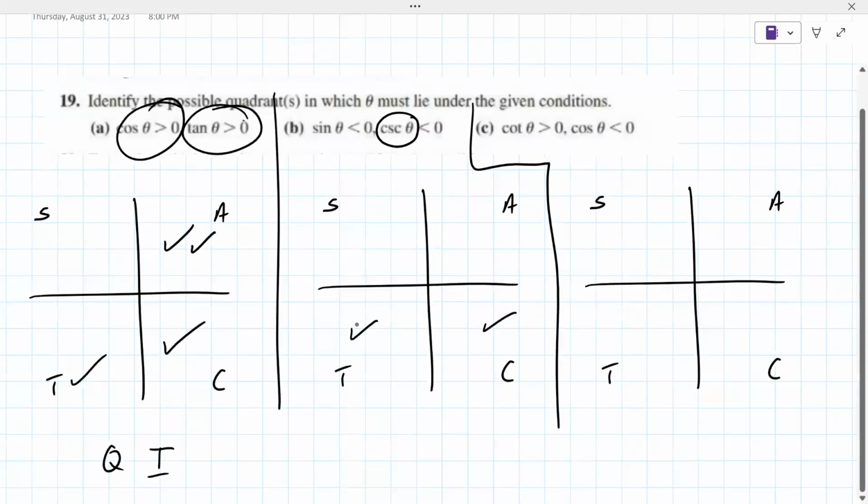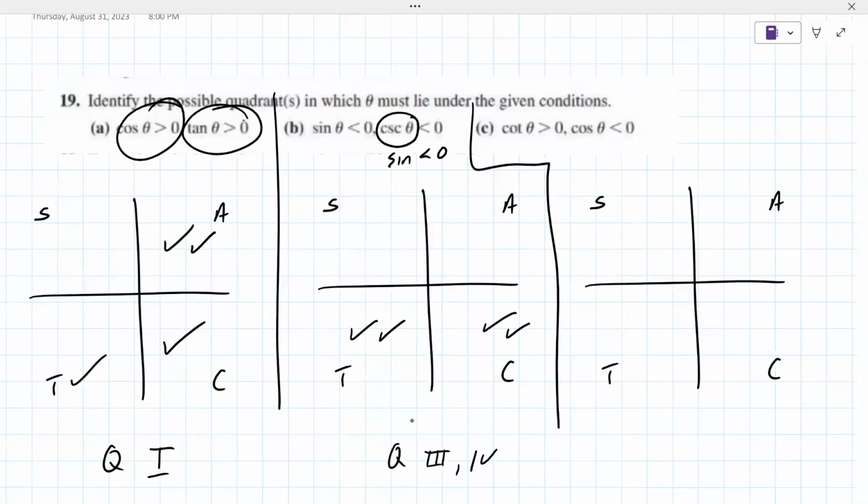Cosecant is really the reciprocal of which trig function? Sine. Yeah, so it's kind of odd that they gave you the same one there, which would also be 3 and 4. Usually they give you a different one, and I think that's a mistake here. Usually there's only overlap in one. Here it's quadrants 3 and 4. Okay.